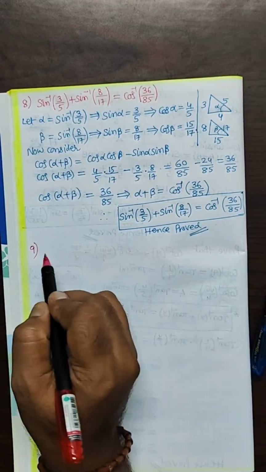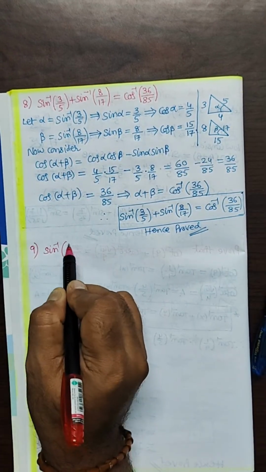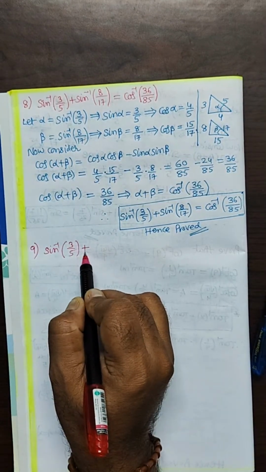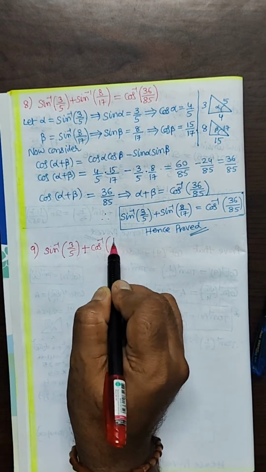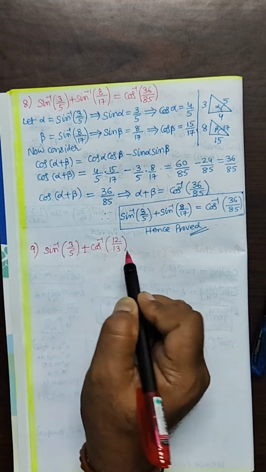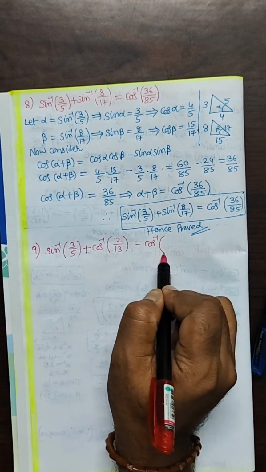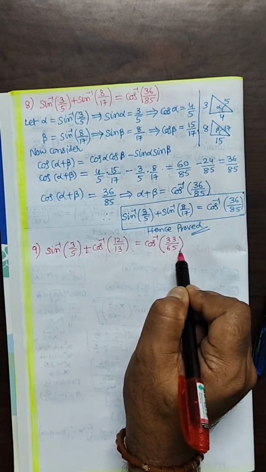Question number 9 is, prove that sin inverse of 3 by 5 plus cos inverse of 12 by 13 is equal to cos inverse of 33 by 65.